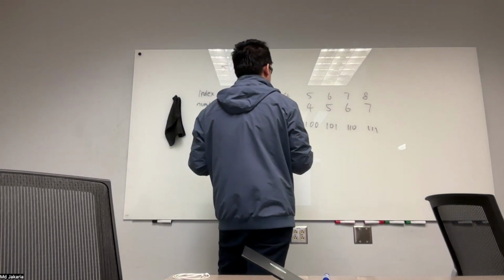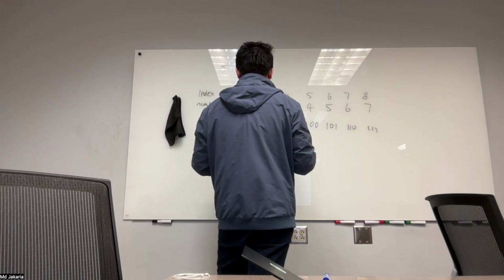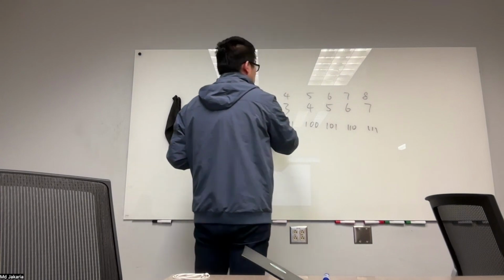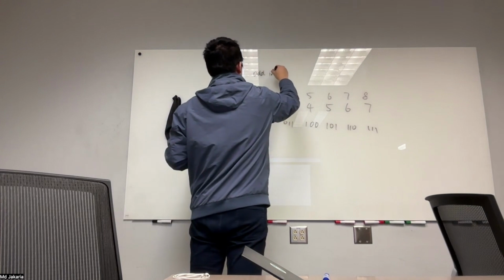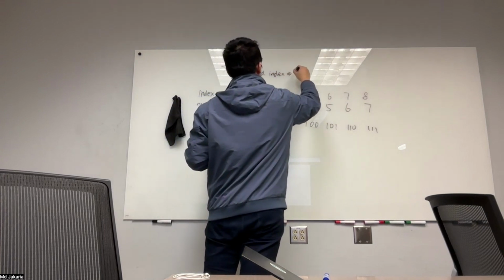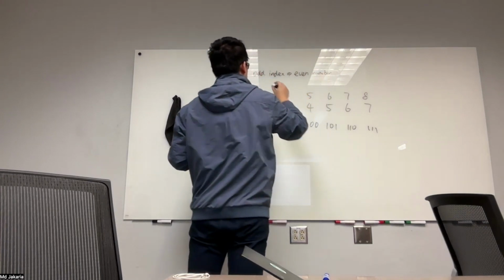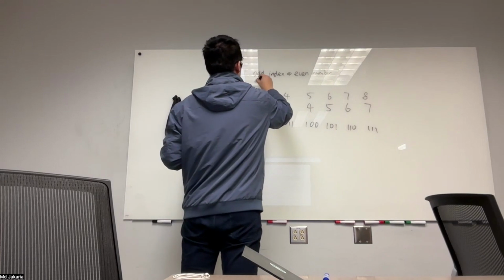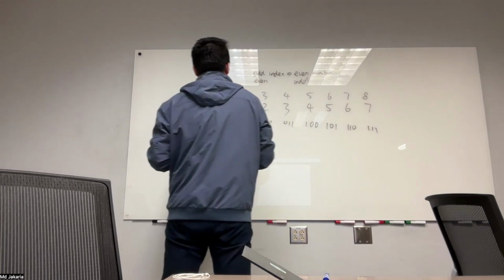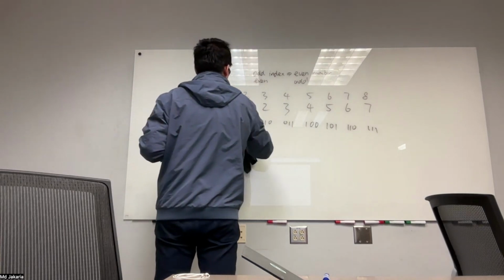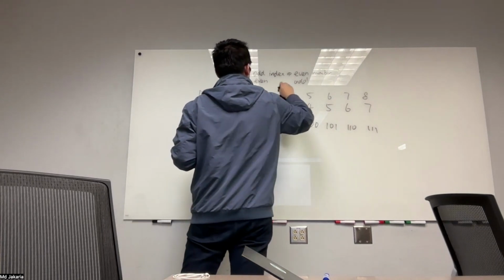So this is in the case where one number is missing. If no number is missing, then odd index, even number, and even index, odd number. Now if one of them is missing, this will change all the indices as well.